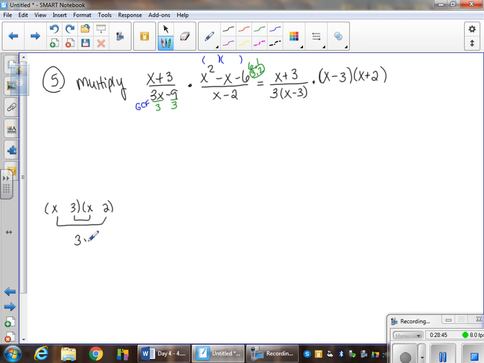So inner is 3x, outer is 2x. I need a negative 1x. Bigger is negative, smaller is positive, negative, positive. And one last check, negative 3 times positive 2 does give me that negative 6. Okay?